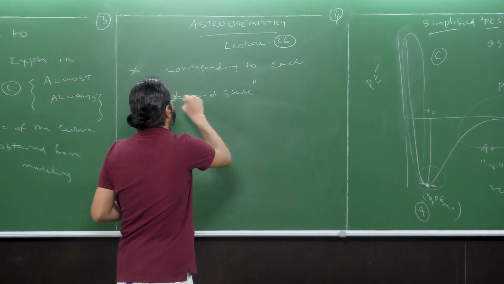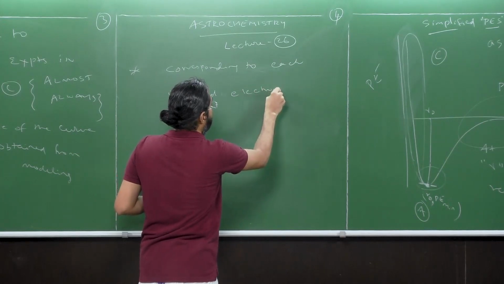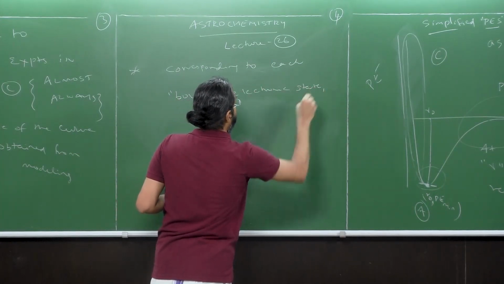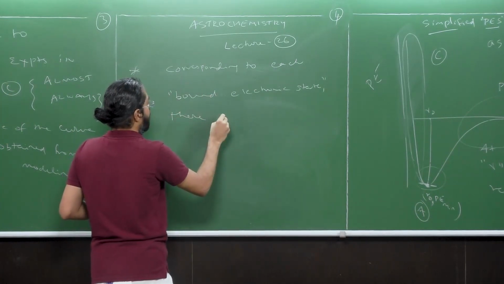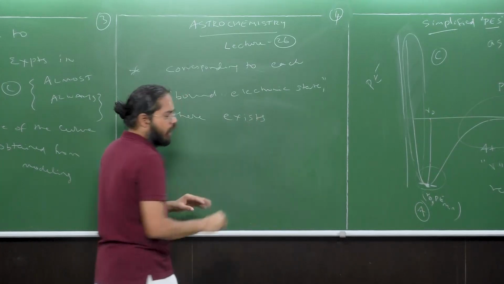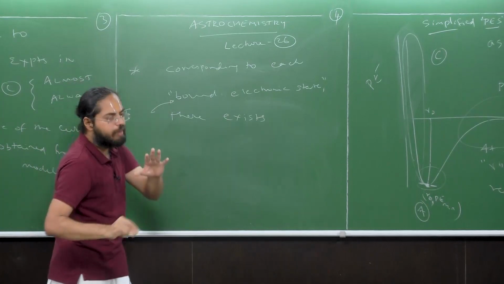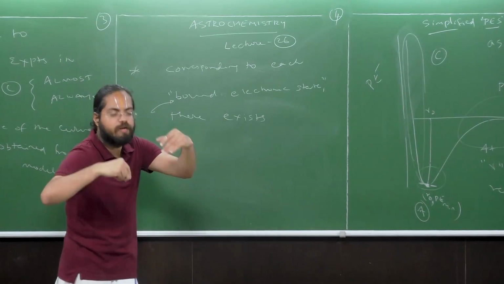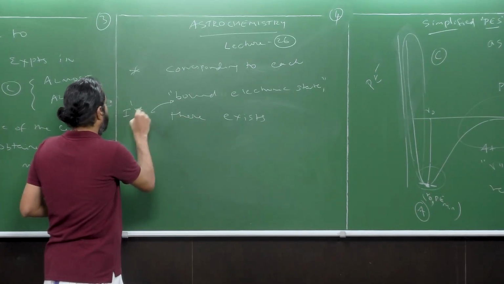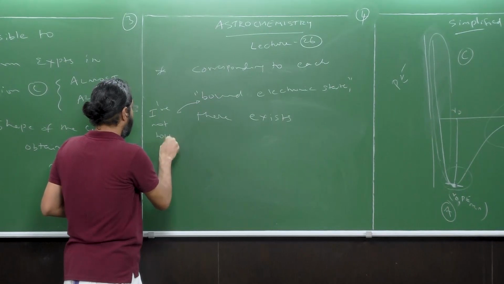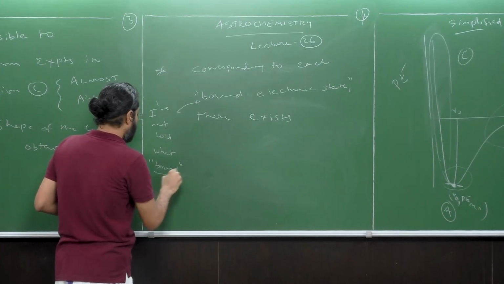Corresponding to each bound electronic state, there exists, again, I insist that I haven't clearly explained what the phrase bound means yet, but don't worry about it. It will not affect our understanding currently. We'll see what it means subsequently.